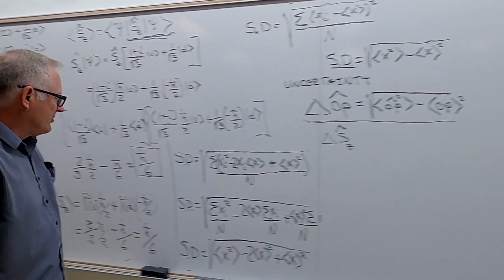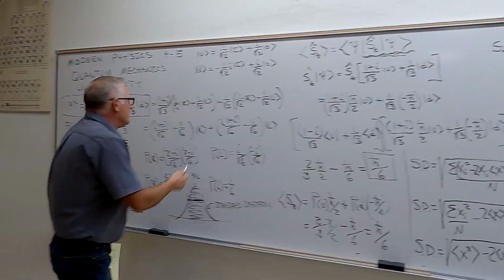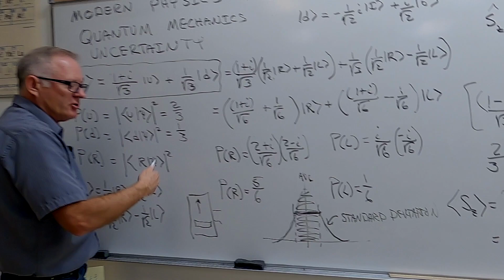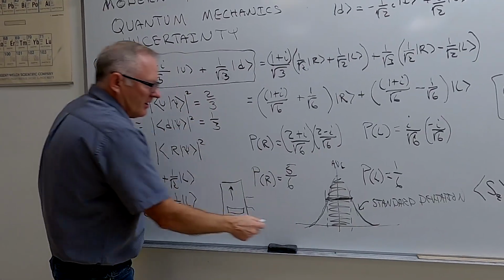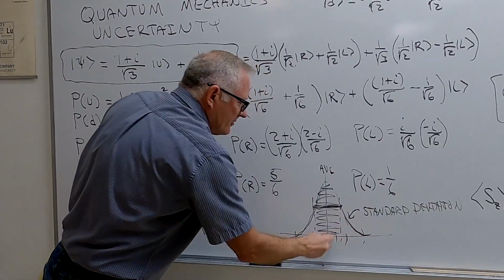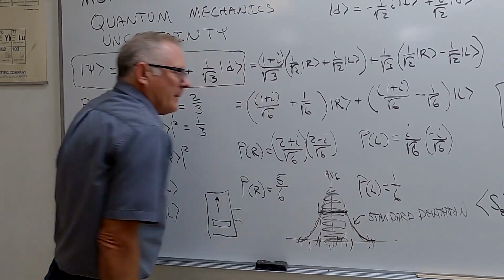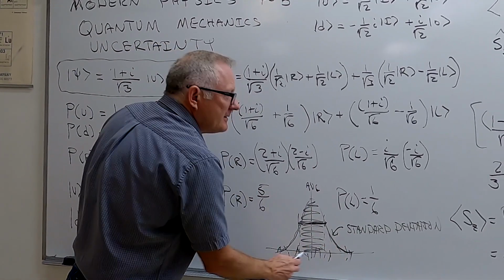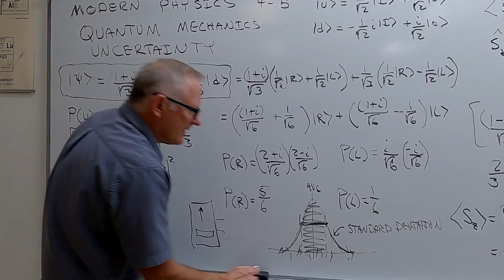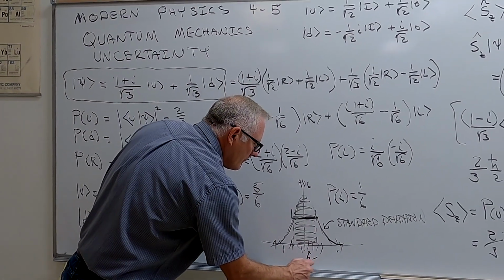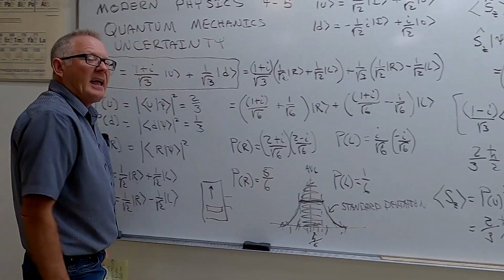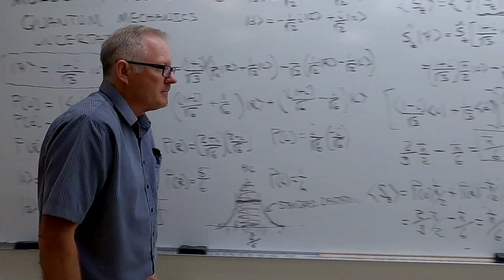When we measured all these, and we put it into our machine and measured all the values, we're going to get all these little values all over here. And we already know what the average was. The average was h bar over 6. But we'd like to know how much they spread out around that h bar over 6.